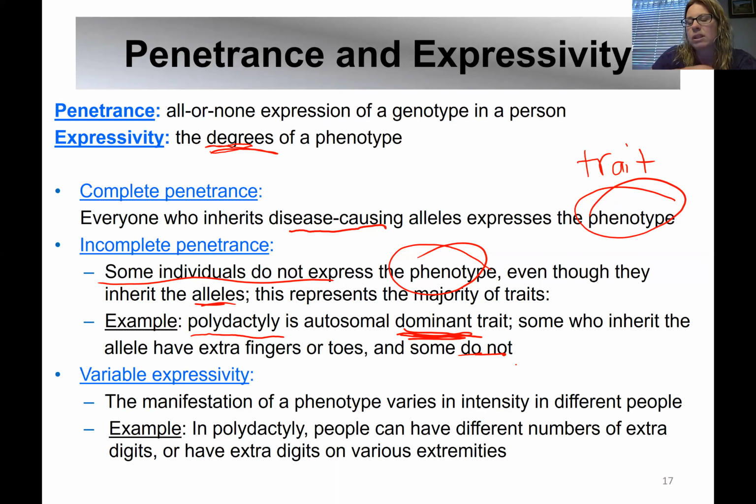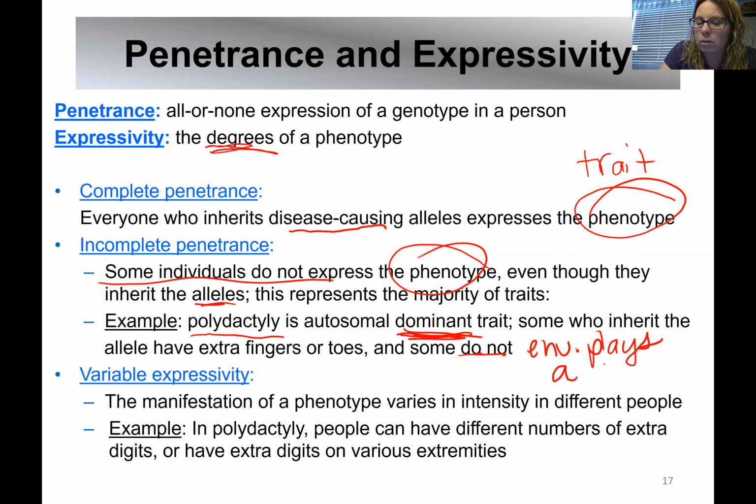So sometimes if the allele is present, some individuals will not express that gene and will not grow an extra finger. Sometimes people do. Okay, that's incomplete penetrance.